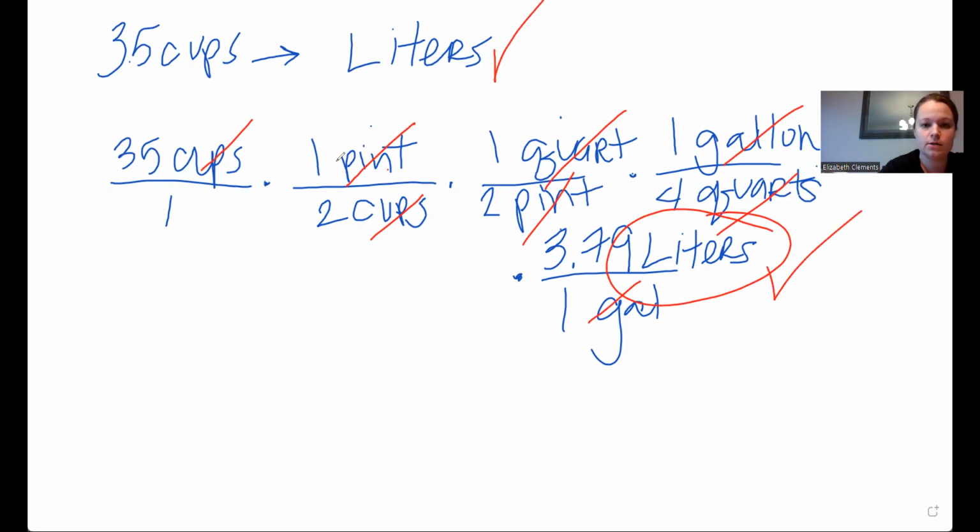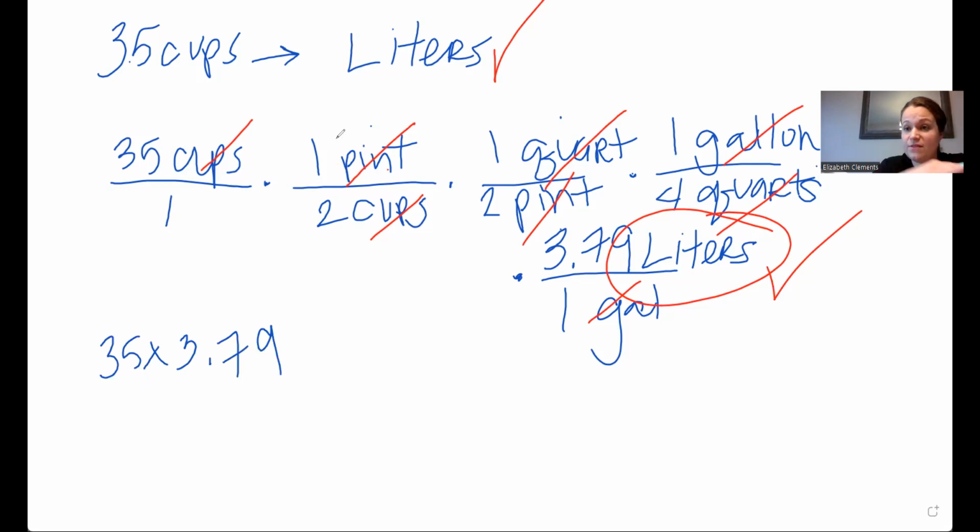So I can put it in my calculator. So I'm going to go 35 times, oh yeah, I was going to do all my multiplication first. So 35 times 1 times 1 times 1, that doesn't change anything. So I'm going to multiply by, oh, sorry, I was going to do that in blue. Don't really like to write in red often. So I'm going to go 35 times 3.79.